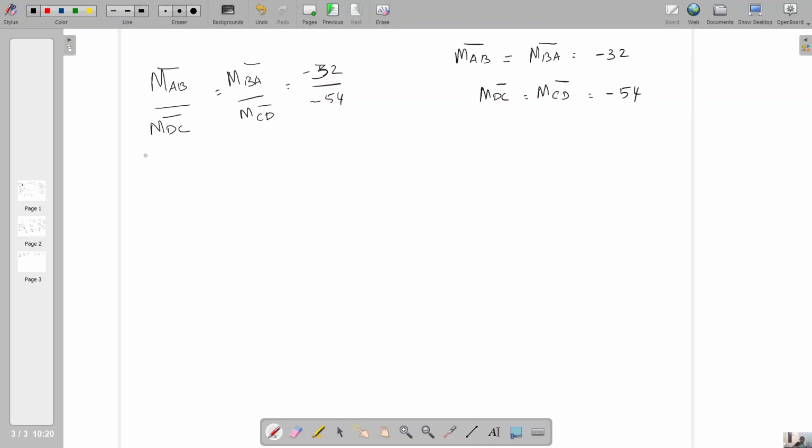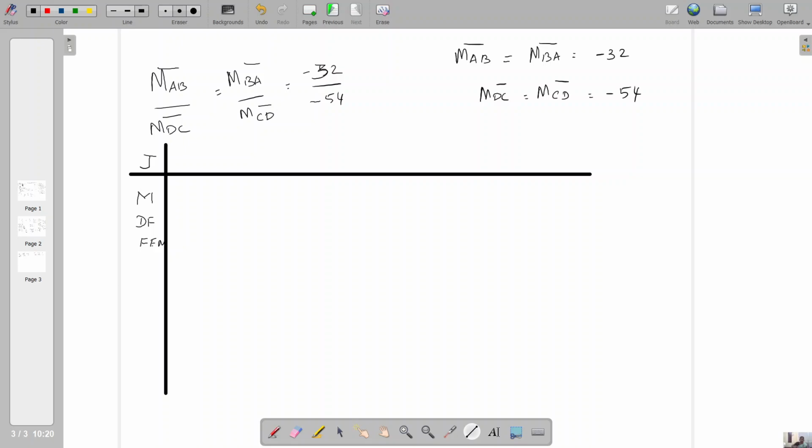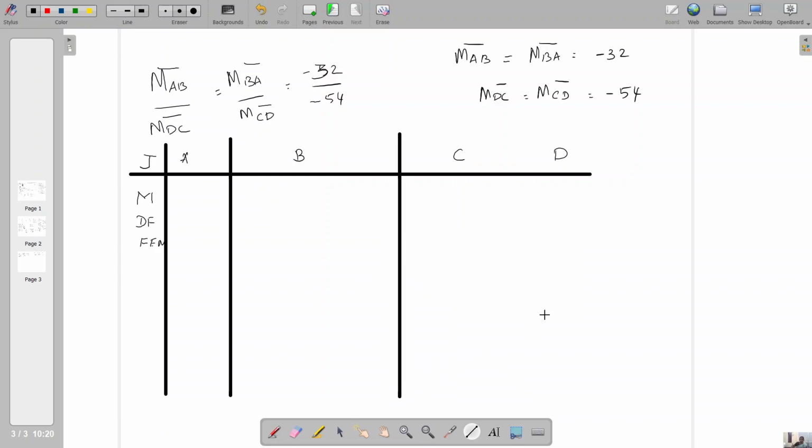So the next, moment distribution table. First, one joint. I'm shortly writing member, distribution factor, and fixed end moment. So joint is A and B, C and D. The joint B has two members, so we have to give more space for that.